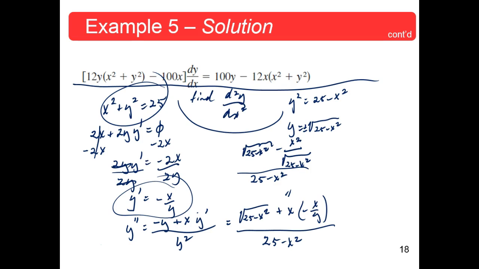Okay, in the numerator there, let's multiply numerator and denominator by this denominator. So that's going to give me 25 minus x squared.